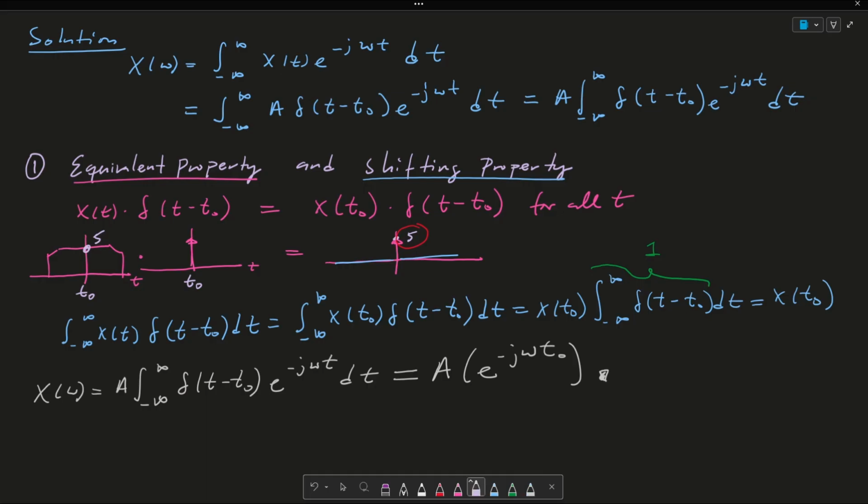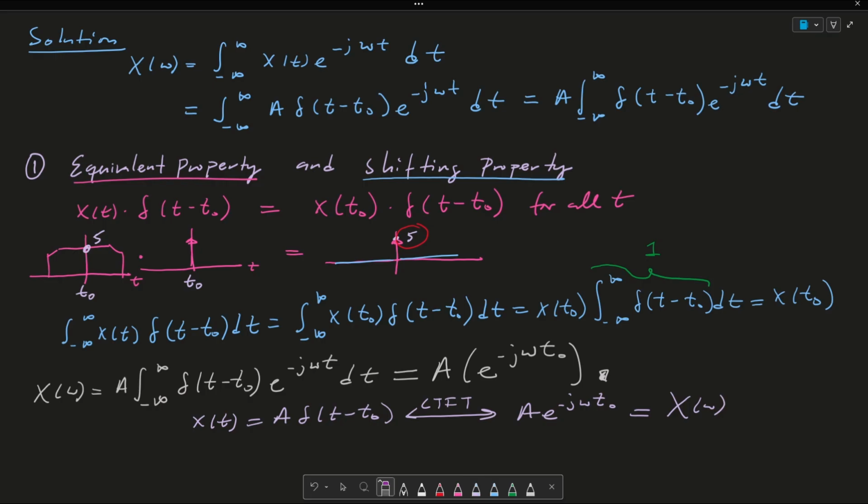But let's go ahead and rewrite in a cleaner manner. If x of t is equal to A times delta(t - t0), or my unit impulse, the continuous time Fourier transform is going to be A e to the minus j omega t0, and this is equal to X of omega.